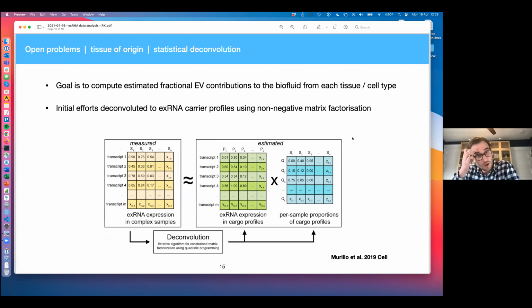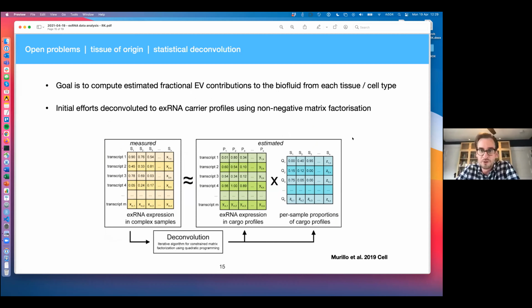So the goal, computationally speaking, for deconvolution is to try and figure out the fractional contribution to whatever biofluid you're measuring. You're measuring a total amount of a mixture of something in a biofluid, and you're hoping to look at the fractional contribution from all of the tissues or EV karyotypes that you know about.